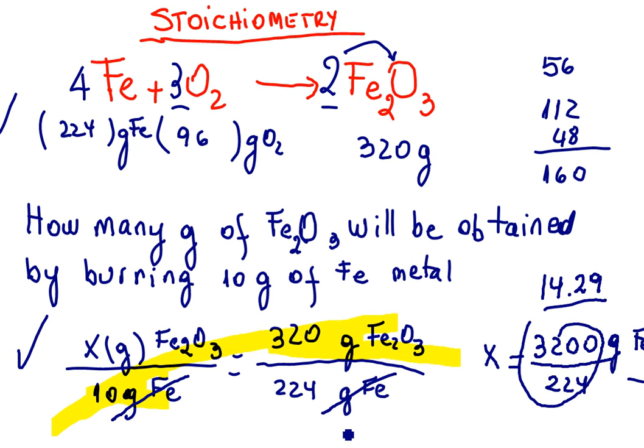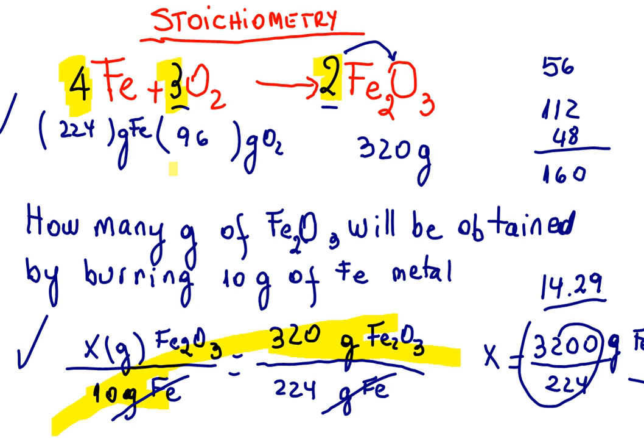Now, let's say that instead of this one, we need to calculate moles instead of grams. Can we do that? Yes. Why? Because here we have the amount of moles that react. So instead of putting 96 grams for oxygen, we can put 3 moles.